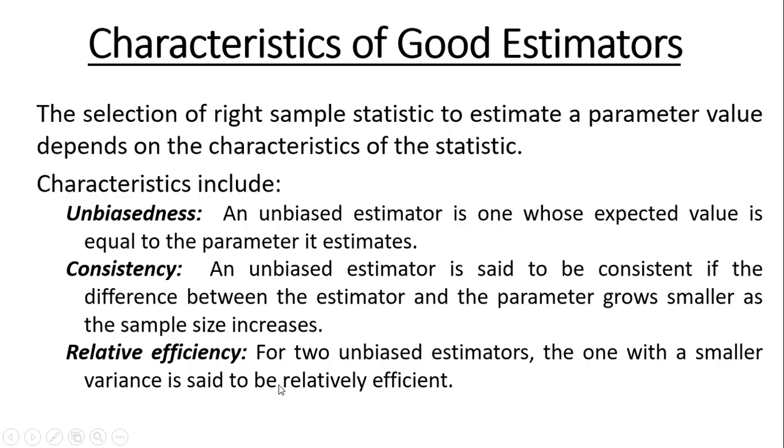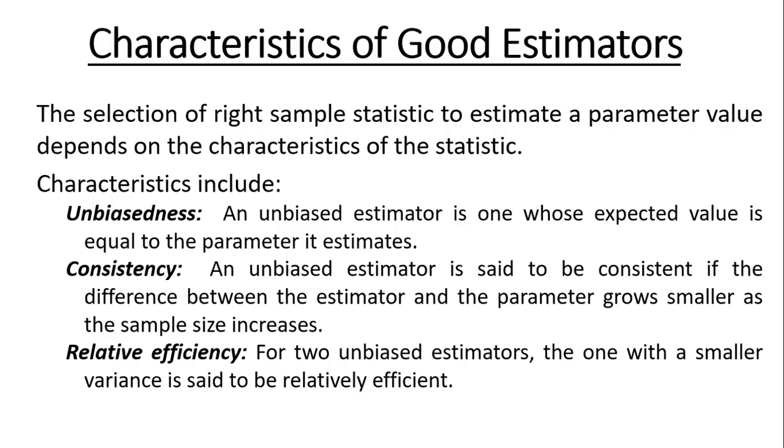The third one is relative efficiency. This implies that if you have two unbiased estimators, estimator A and estimator B, the one with the minimum variance is said to be relatively efficient.